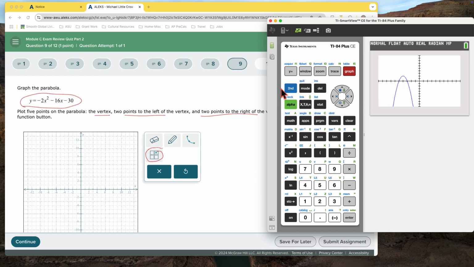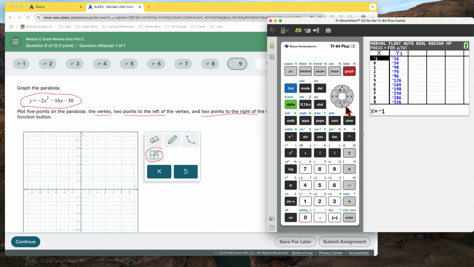So what we are going to do to graph this is go to the table, instead of trying to figure out what those are. I can see 1, 2, 3, 4, negative 4. If I go to my table, I want to go to negative 4.